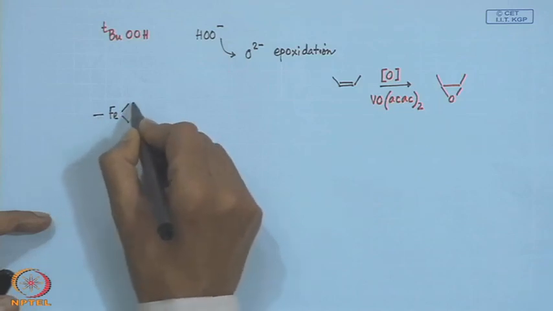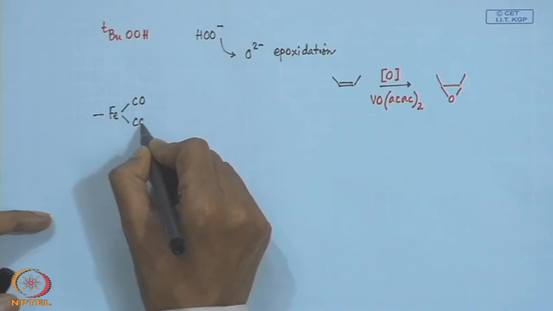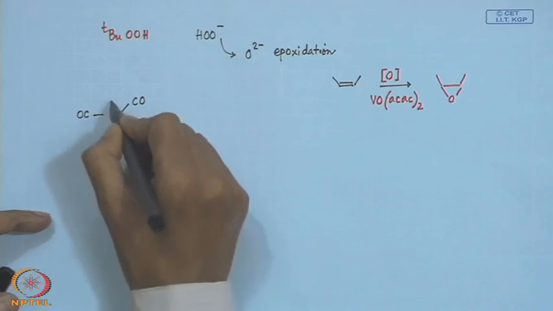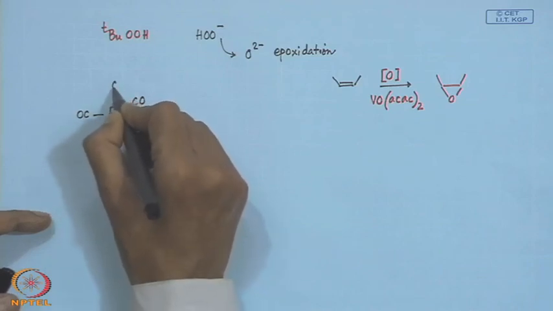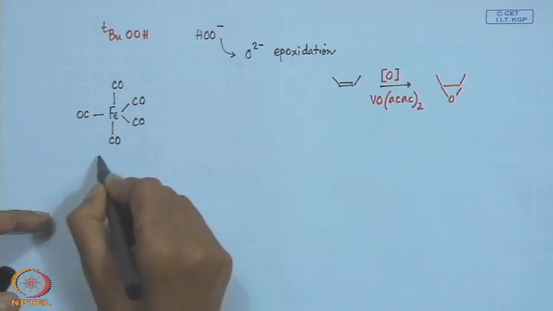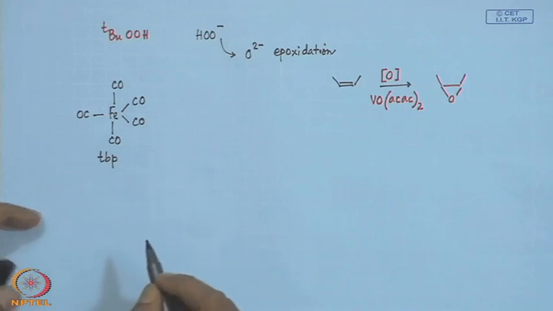So, this pentacarbonyl compound has one form which is trigonal bipyramidal in geometry.